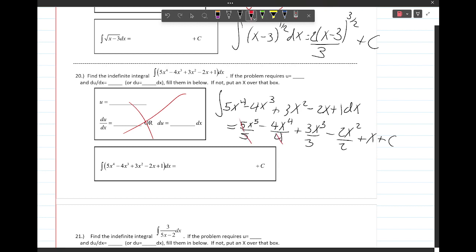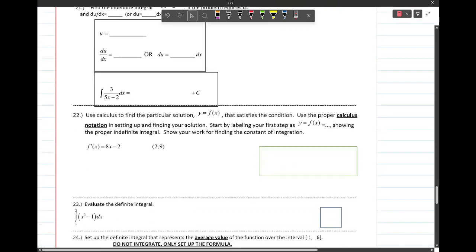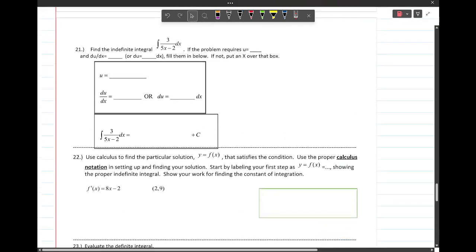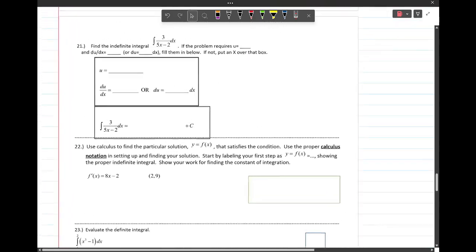So then a lot of these guys cancel. There's just an alternating polynomial of decreasing degree. Okay, I've done enough integration. Email me if you have a question about 21.